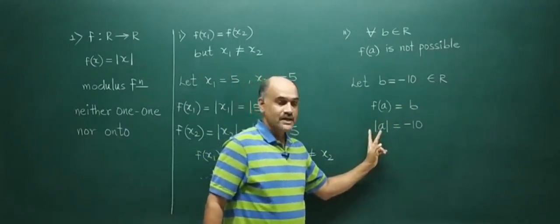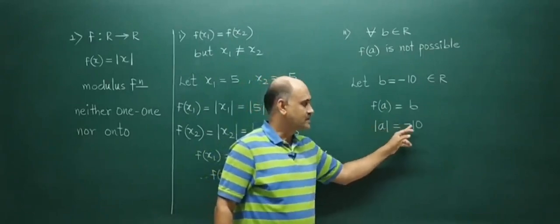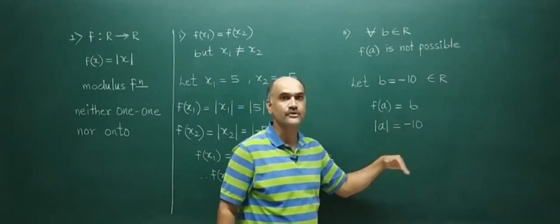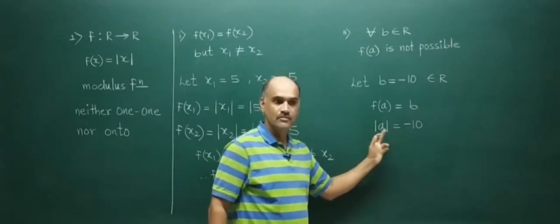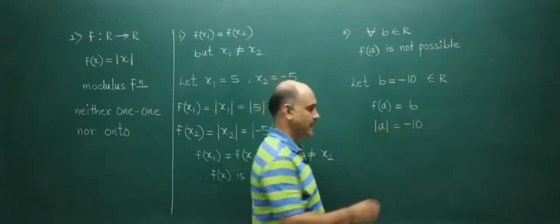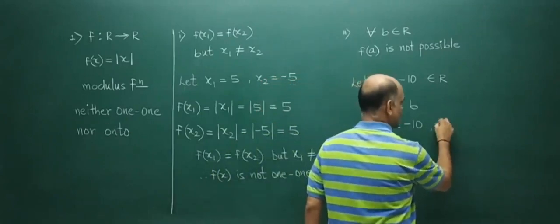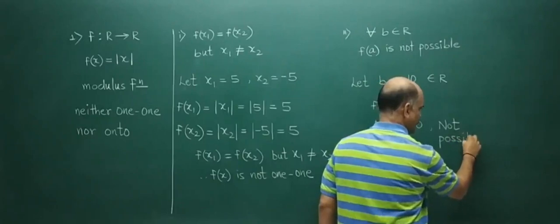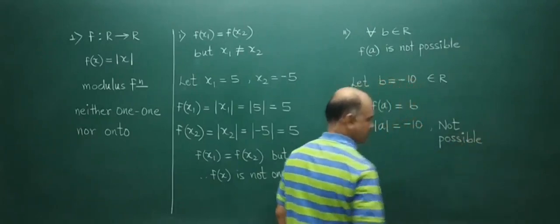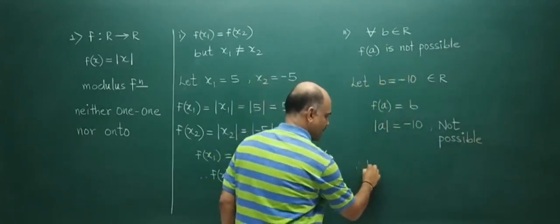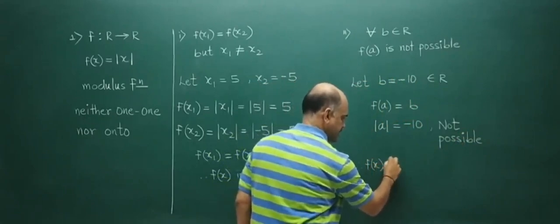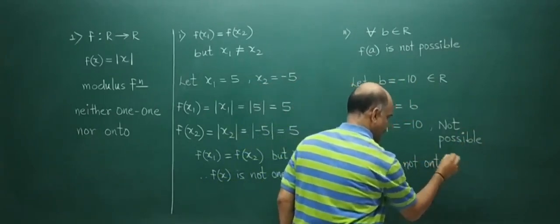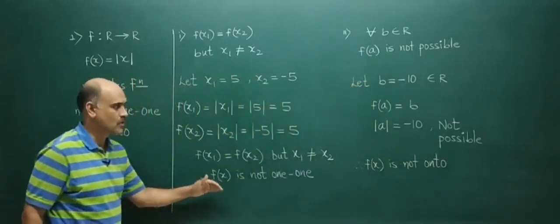You will never get the modulus of any number as a negative. So this is not possible, or you can say it is false. Therefore f of x is not onto.